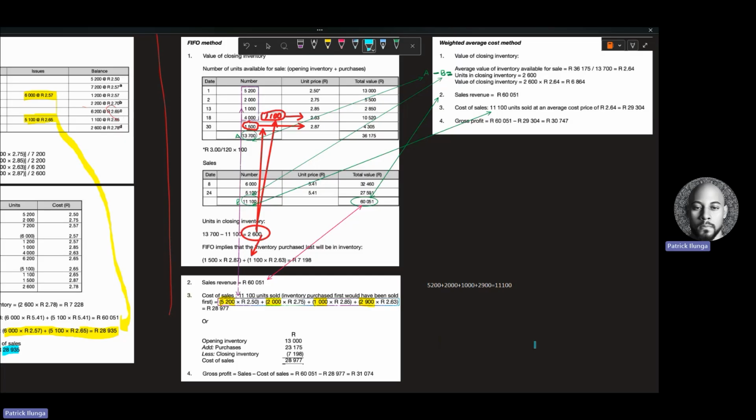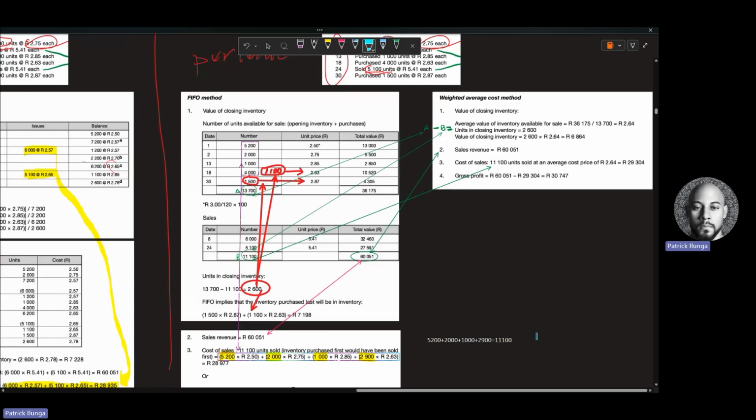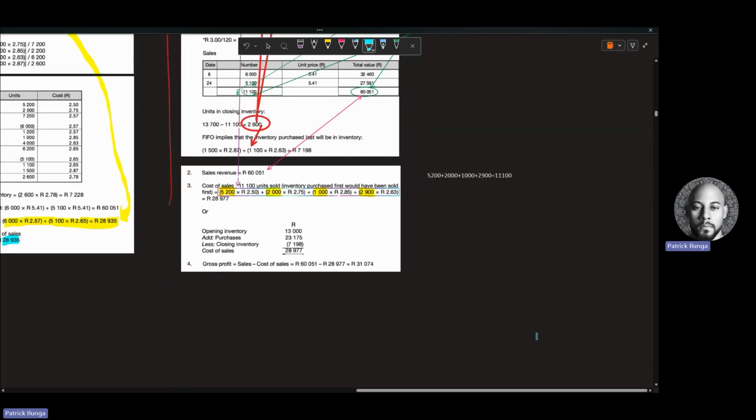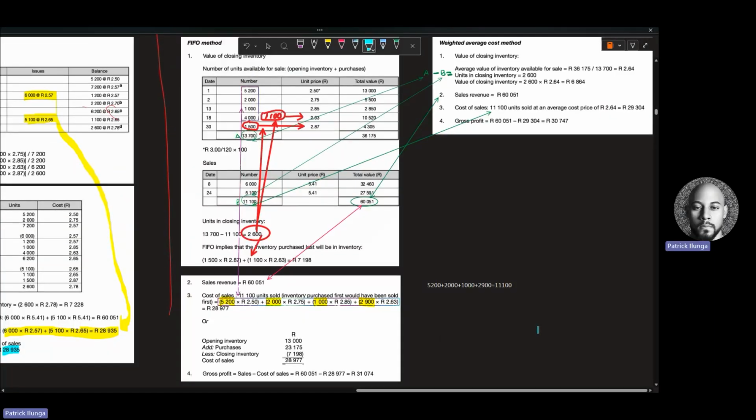All right? So we're going to finish, therefore, with this. We have about 8 minutes remaining, and we are going to finish now with the periodic. So in the periodic, how do we calculate the cost of sales? Remember, in the periodic, everything is done at the end of the period.